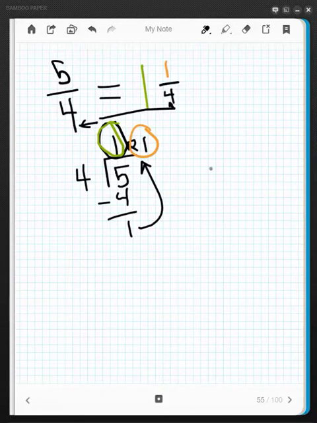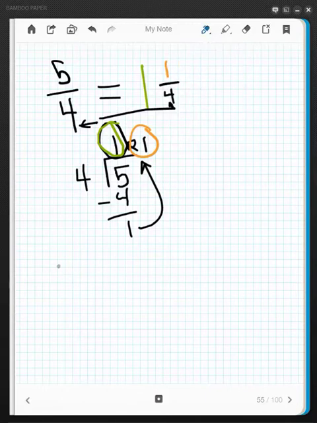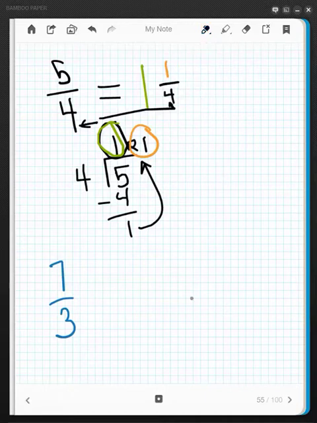And that's how we make a mixed number. Maybe you should try that on your own with 7/3. So you try that one on your own. Okay, so 7 divided by 3. 3 will go into 7 2 times.